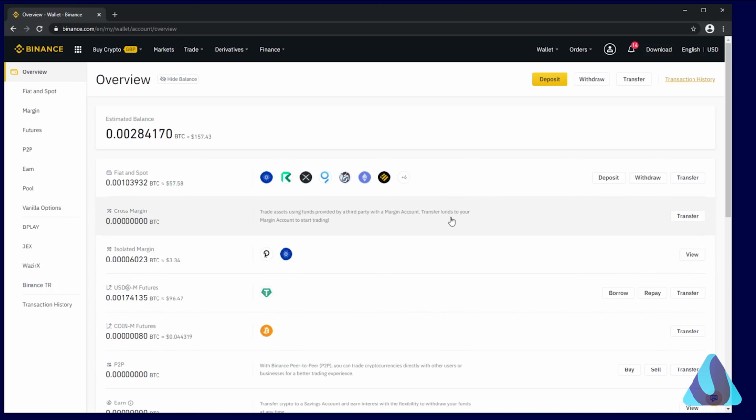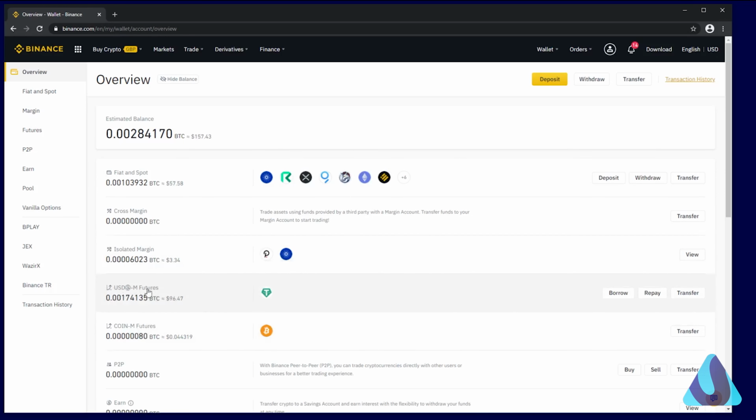Today we're going to be discussing how to do leverage trading on the Binance platform. So first of all, let's go to a few areas on where we want to be using leverage trading. I'm currently on the overview wallet, and you can see you've got your fiat and spot, cross margin, isolated margin, USD M futures, coin M futures.